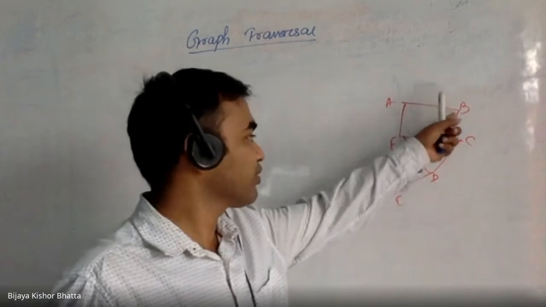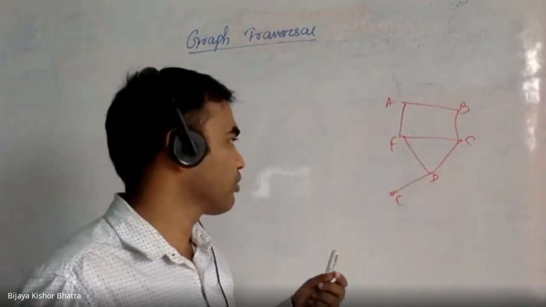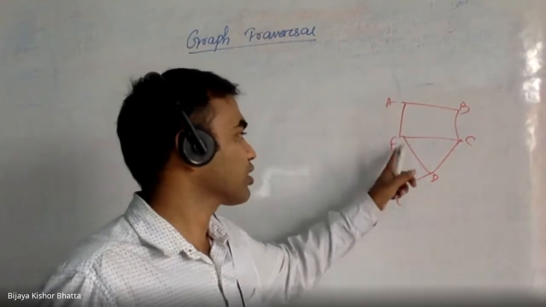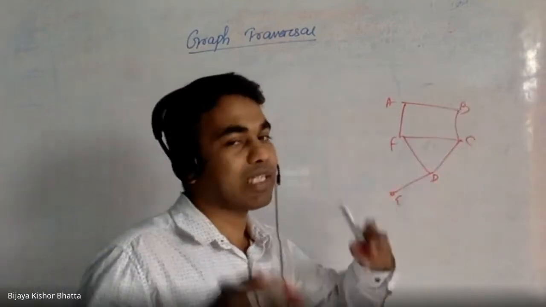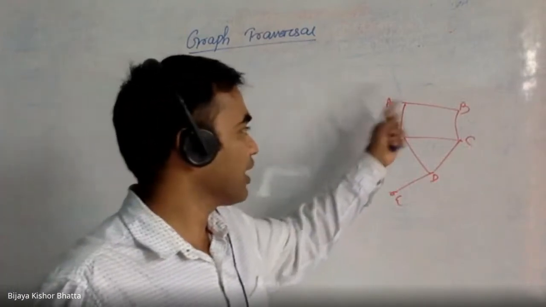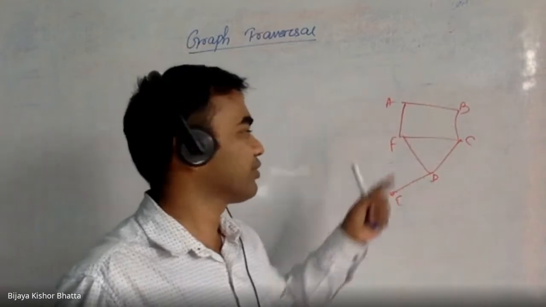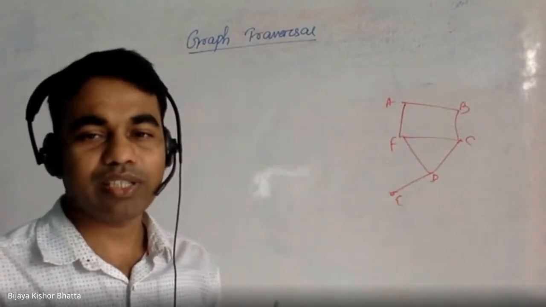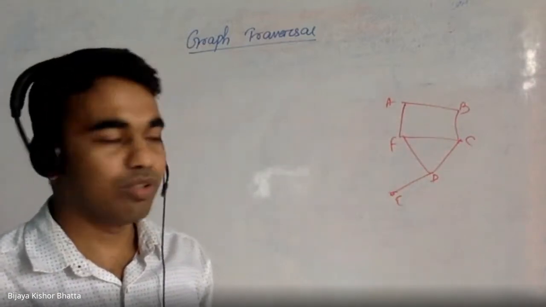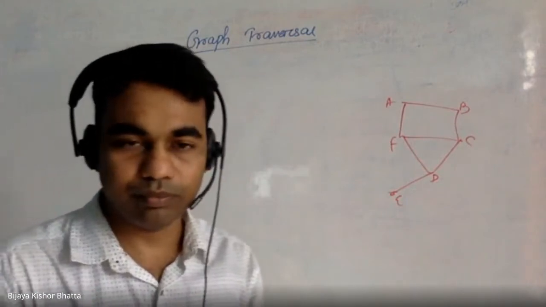Should I go to B first or F first? After going to B, what algorithm are we following, so that after A I go to B, or after B I go to F? That is graph traversal, and that's where the graph traversal technique comes into the picture.